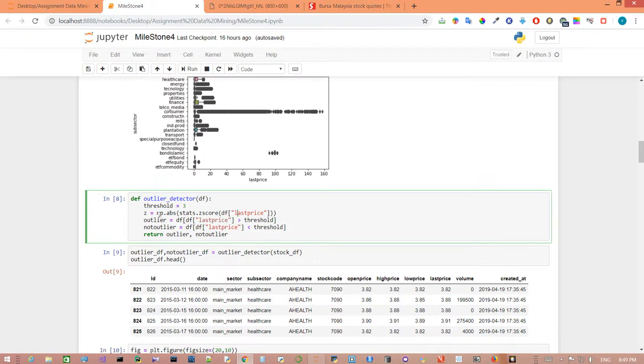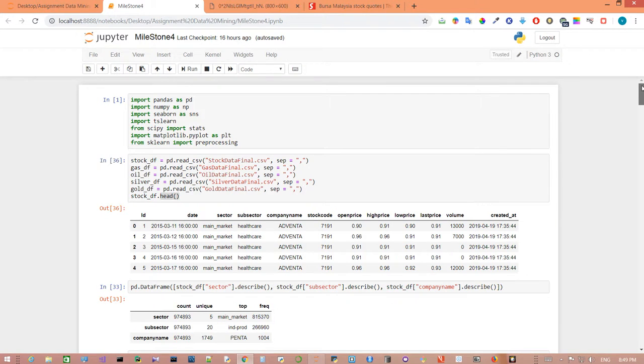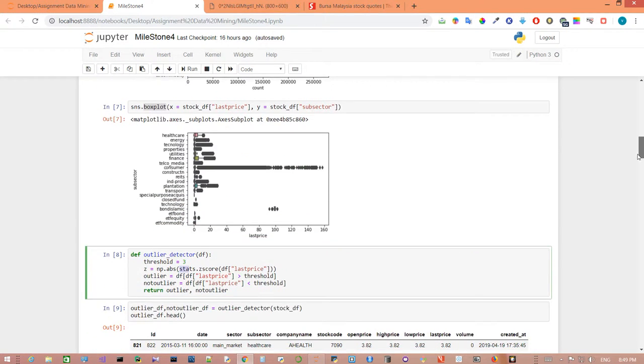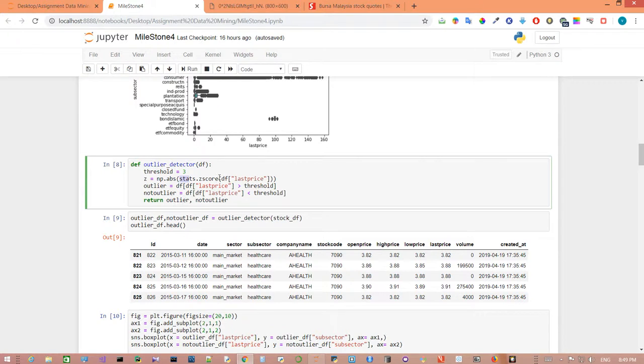I am using NumPy and stats from the SciPy library to calculate the z score of our data for last price in stock data.